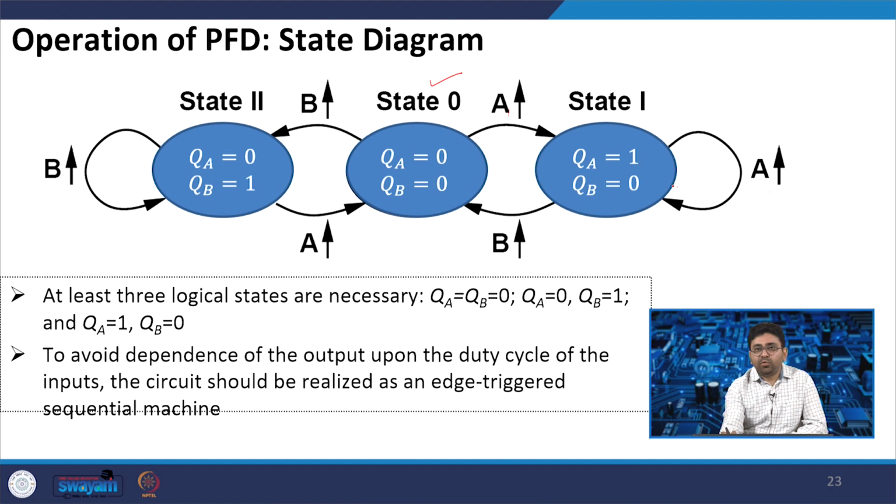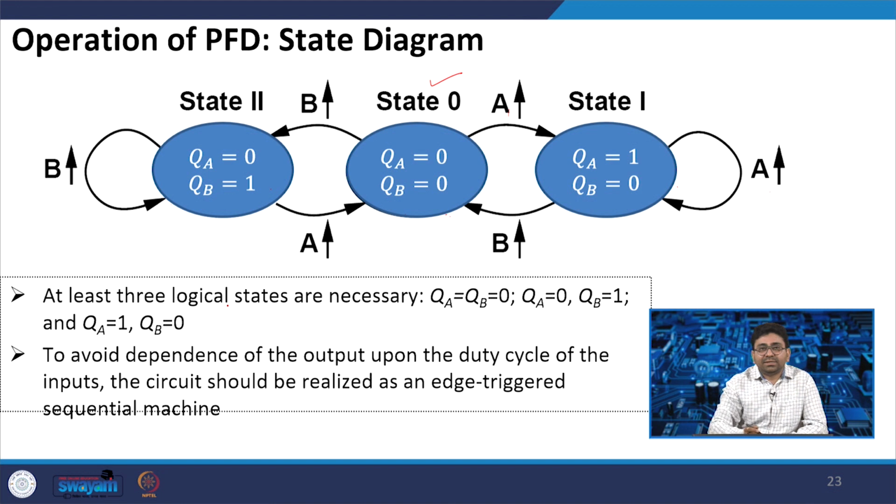The moment QB becomes high, it goes to state 0. If omega B is high, then QA is 0 and QB is 1, and QB will remain high while B is high. The moment omega A becomes high again, it comes back to state 0.